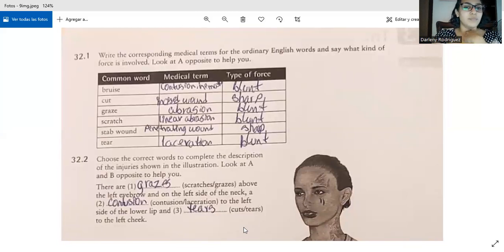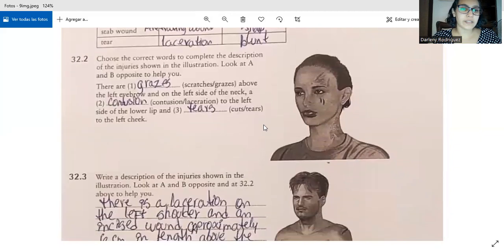Graze, abrasion, blunt. Scratch, linear abrasion, blunt. Stab wound is a penetrating wound, sharp. Tear, laceration, blunt. Point 2.